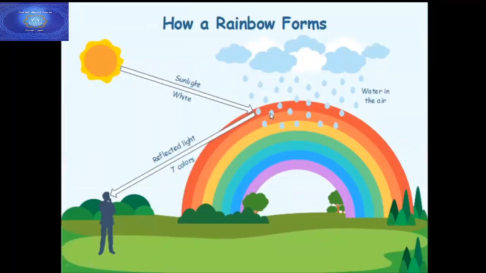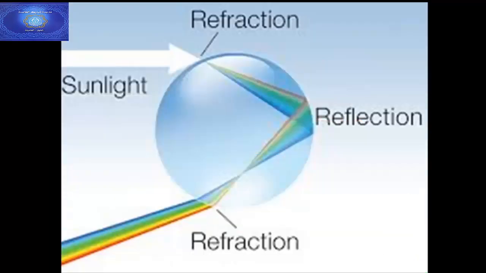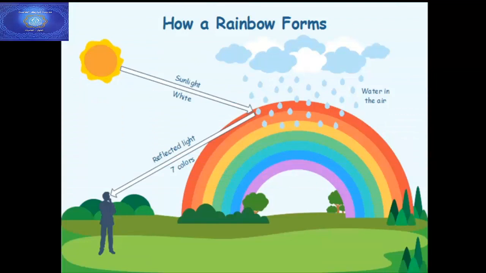Also, the raindrop analyzes the white light into many colors, and the light is refracted, giving a rainbow like this: sunlight, white light hits the raindrops, then the light is refracted into many colors at different angles. These 7 colors are called rainbow colors.